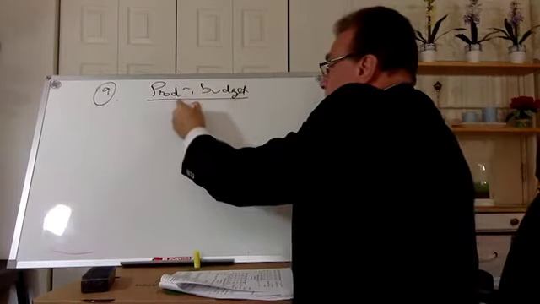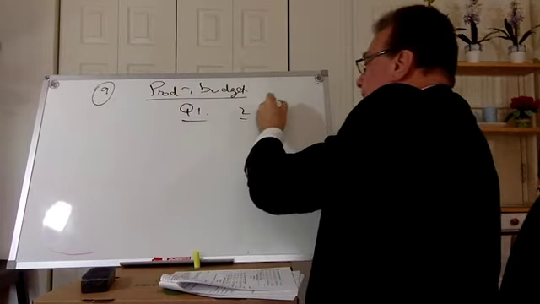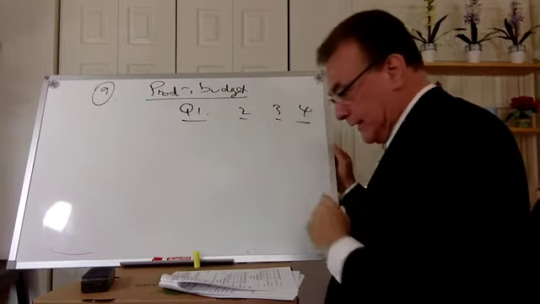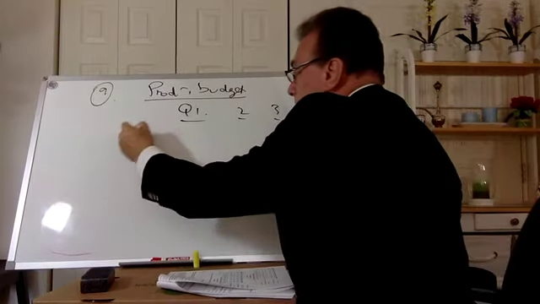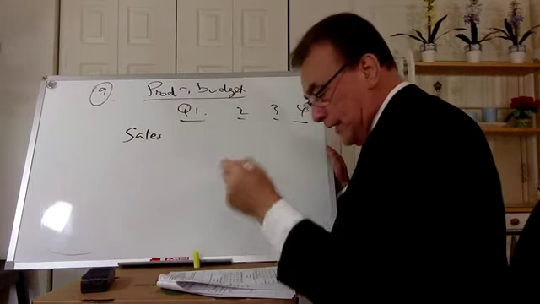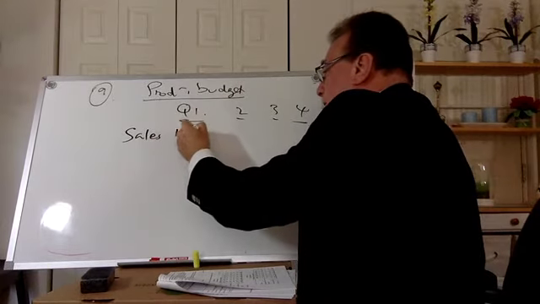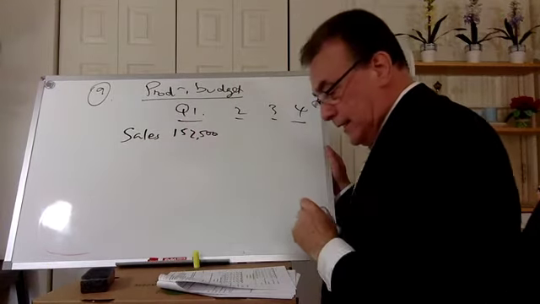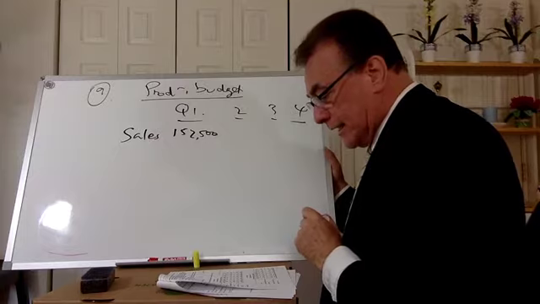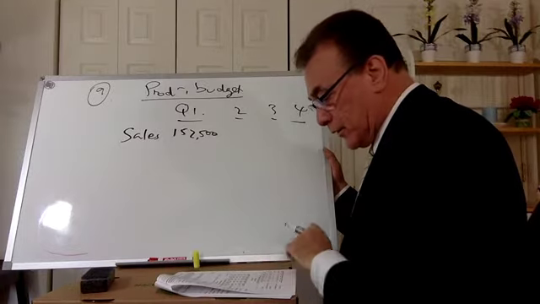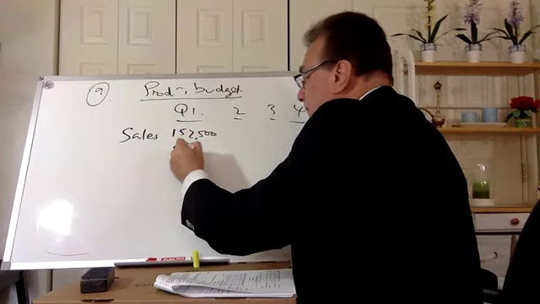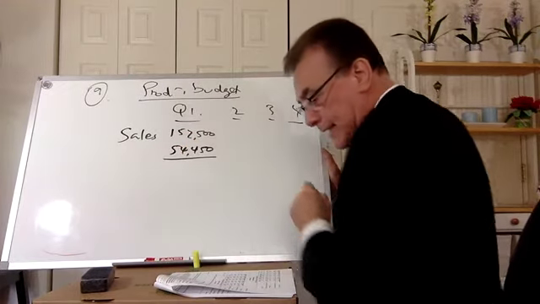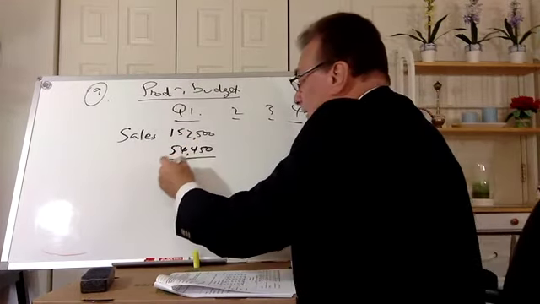It's in quarters, quarter 1, 2, 3, 4, and then a whole year. Okay, start with your sales in units. Quarter 1, 152,500. Then it says plus the desired ending inventory, which is 30% of the next quarter's sales, quarter 2. So 54,450. Add that to 206,950.